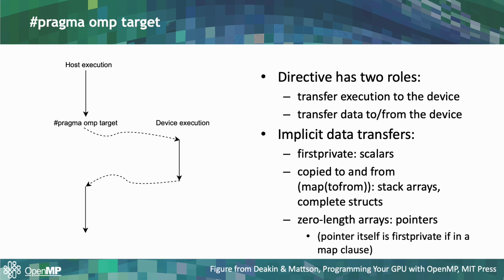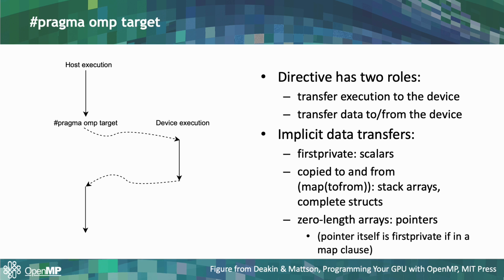And at the end, it's copied back to the host, ready to continue using. So these are things like arrays on the stack. If you allocated a small array of integers or something, that would be copied to, available to be used and updated on the device, and then copied back again.